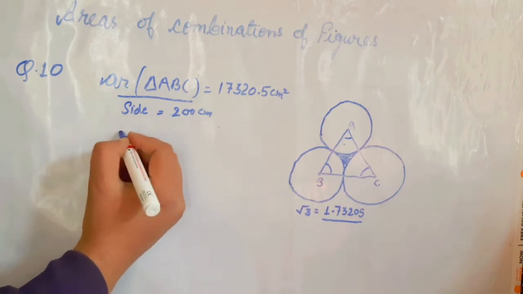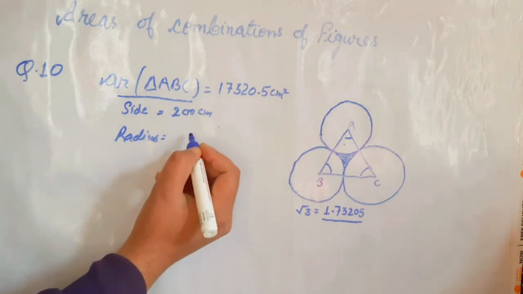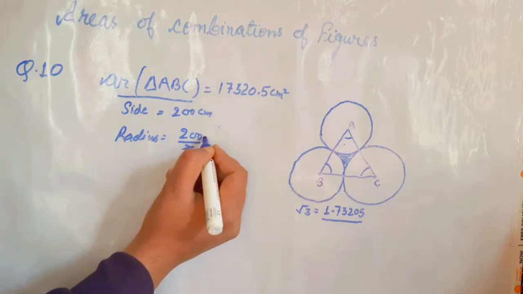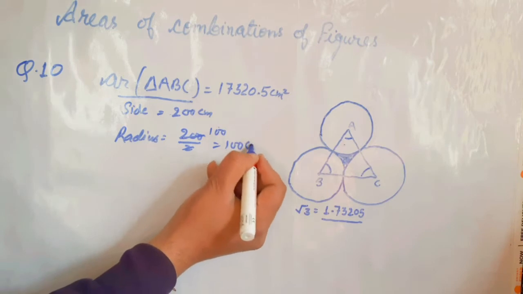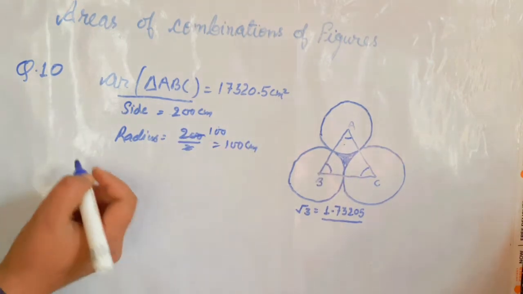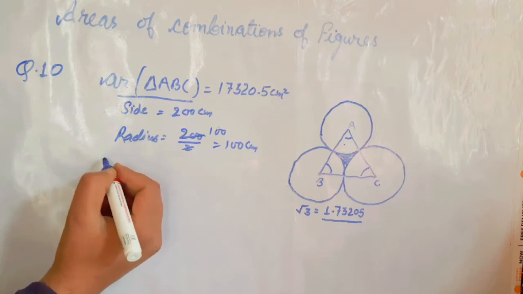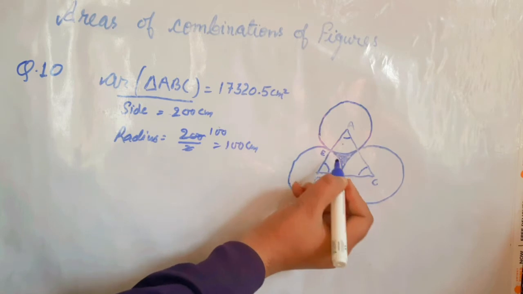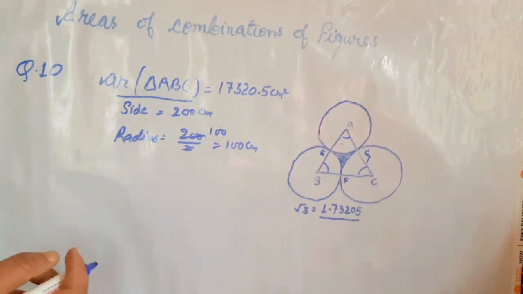Means radius will be equals to 200 upon 2, which is equals to 100 centimeters. Then area of each sector, or if I will name it E, F, G, all three sectors are same.